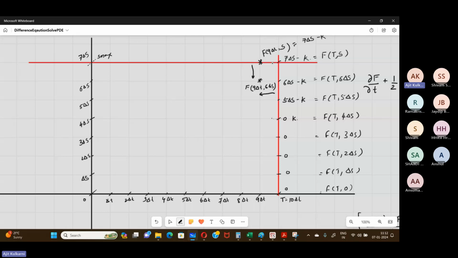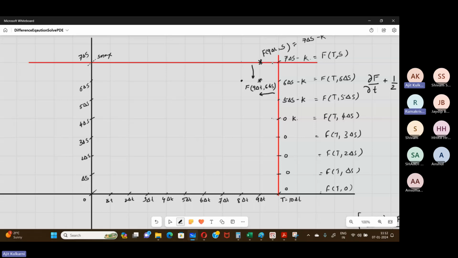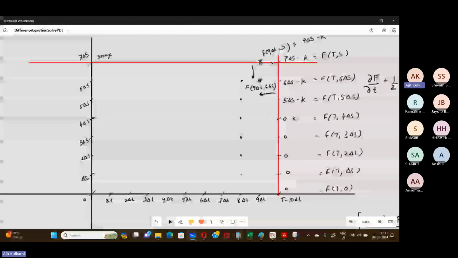Similarly, for this point, you require 3 points, which is this, and this, and maybe even this. So with these 4 points, you can come back to here. Then you can come back here, then here, here, and here. If you keep traveling back in time like this, you can reach this point using the same discretization scheme.